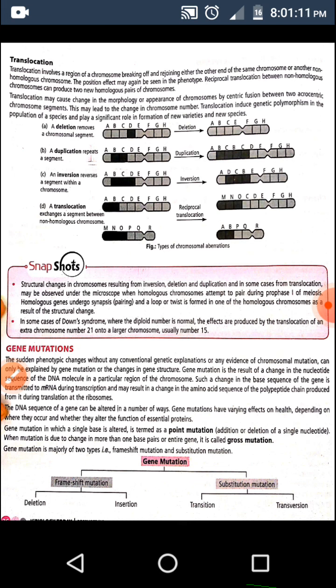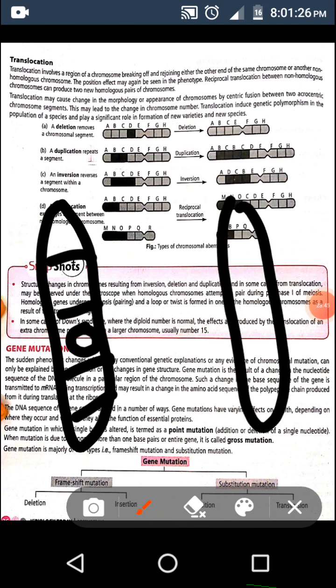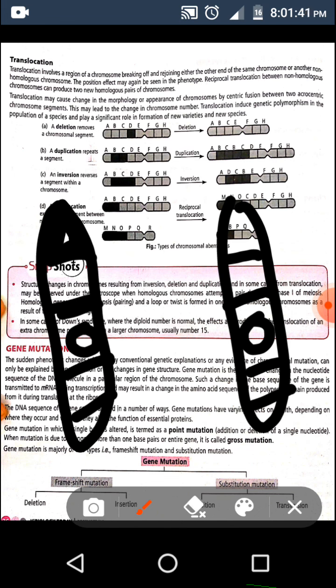Translocation is nothing but a transfer of a segment from one chromosome to another chromosome, or a transfer of a part of a chromosome within the same homologous chromosome. So this is your segment and this breaks off and gets transferred to the non-homologous chromosome, then this is called translocation.